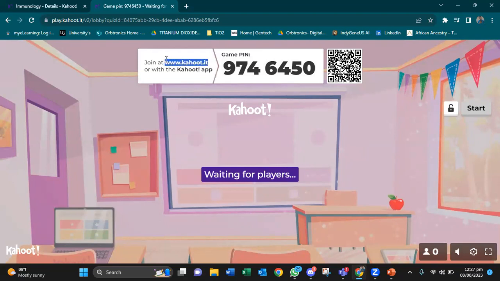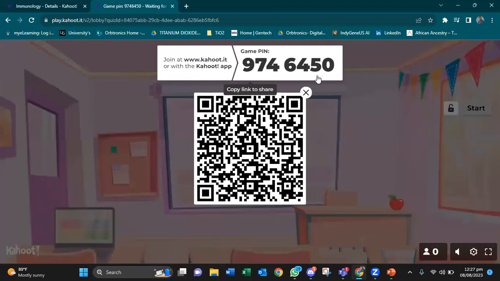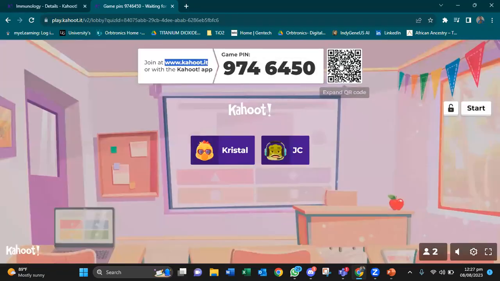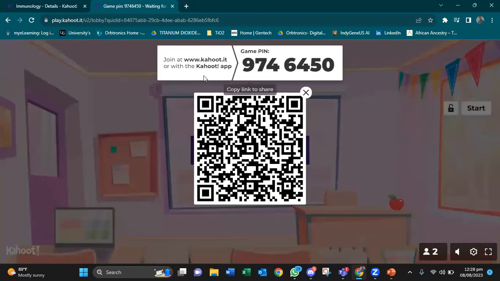I will put the URL in the chat. So what you do is you go to this website and enter a name. I see that we have 2 individuals already. How many people? Okay, so missing 2 more. You can either scan this code from the screen or go to this website.